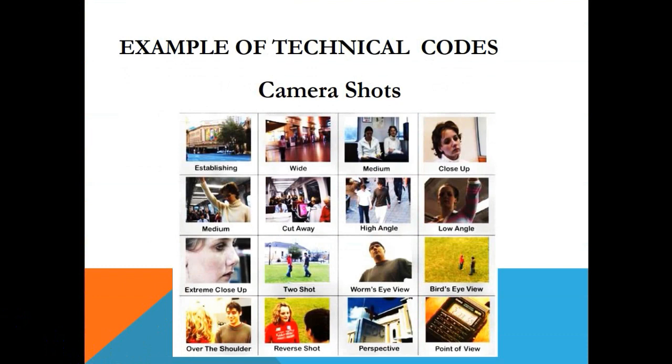We have the establishing shot, the wide shot, medium, close-up shot, cutaway, high angle, low angle, extreme close-up, the two-shot, the worm eye view, the bird's eye view, over the shoulder, reverse shot, perspective, and the point of view shot.